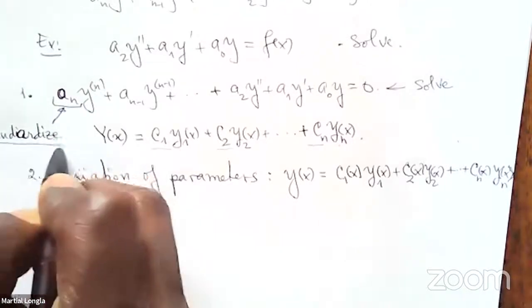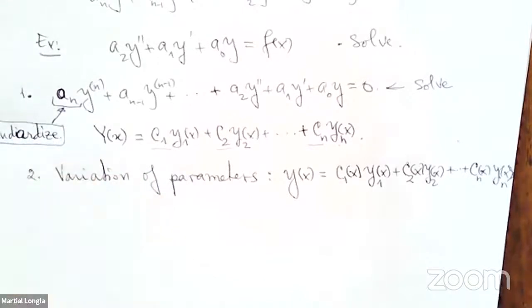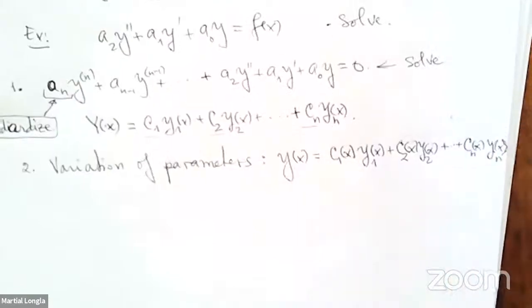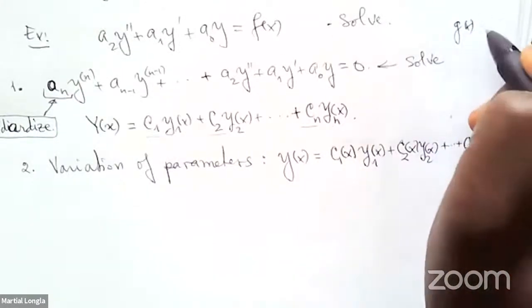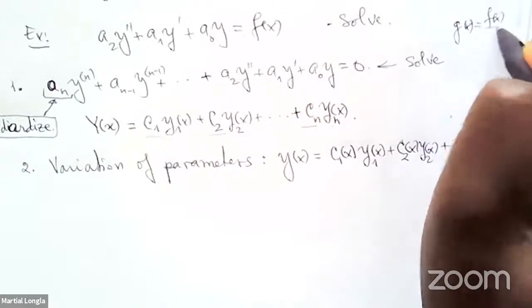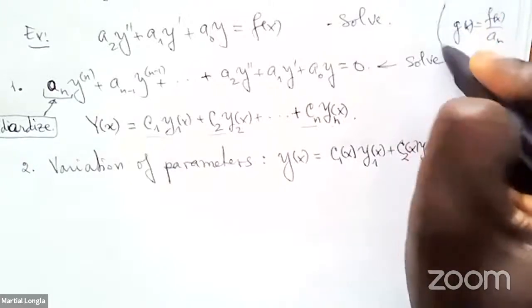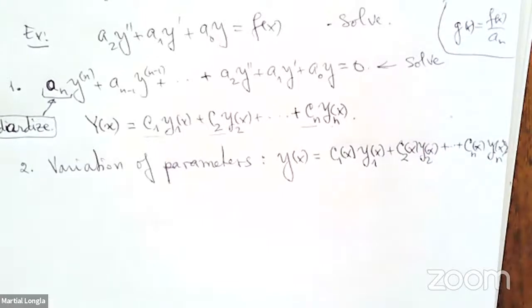So you standardize, make sure that first coefficient is equal to 1, which is obtained by putting g(x) = f(x)/a_n as the new right-hand side.